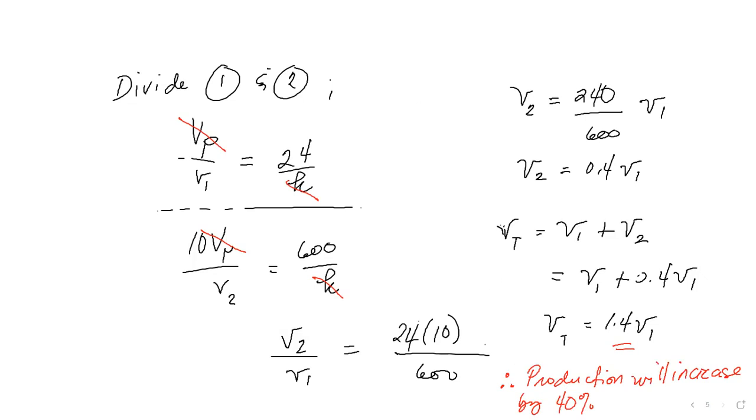Okay, so for letter B, it's actually the same scenario. You simply write up the performance equation for the two reactors, and then get the ratio of the two, because you are asked the question.